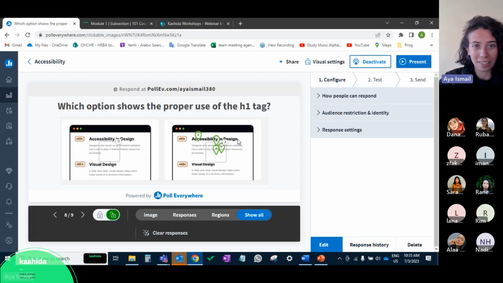All right, so everybody is saying the one on the right, and that's correct, because this way we are differentiating between the title and the subtitle. In this case, visual design is a subtitle within accessibility in design. So you see that accessibility in design is given a heading level 1, and visual design is given a heading level 2 because it's sub to it. Correct. And the last question.